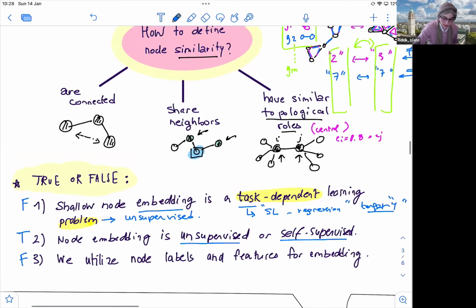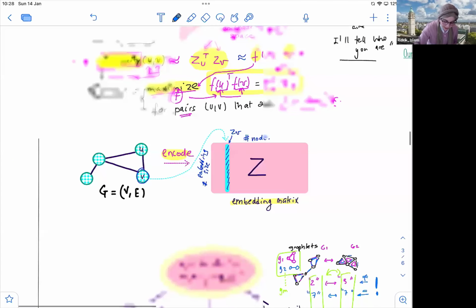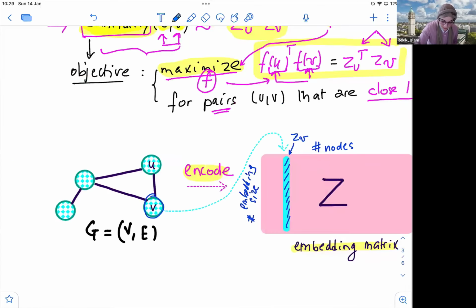Node features here means our graph has some labels. We have a label for either the graph or each node. For node U, we have YU. We don't have any labels, and we don't have original features. We don't have an X_U to embed here. We're actually using simply the graph structure, the adjacency matrix right here.